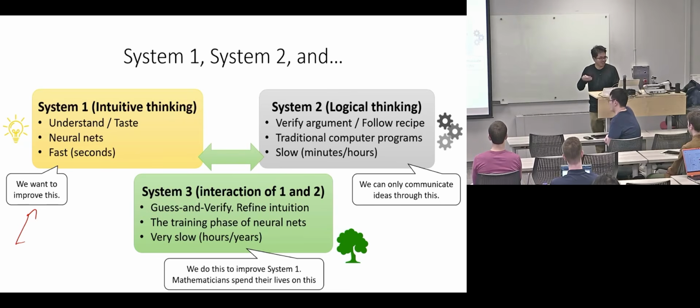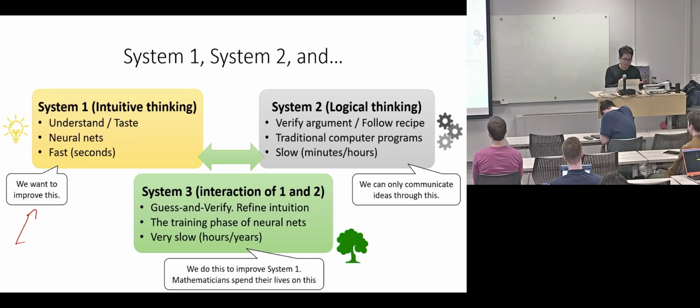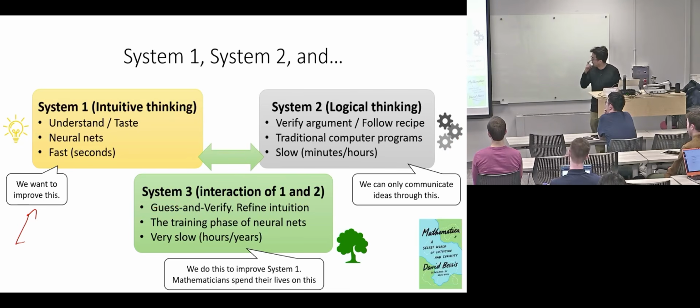No mathematician wants to be like a computer. They want to get a good intuition about the object that they care about. Okay? And they use this way to improve their thinking. If you want to learn more about this, look at this book.